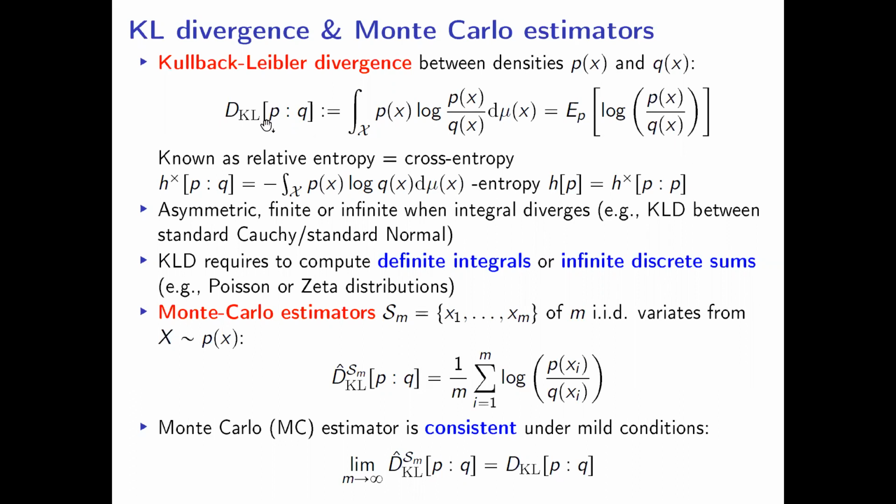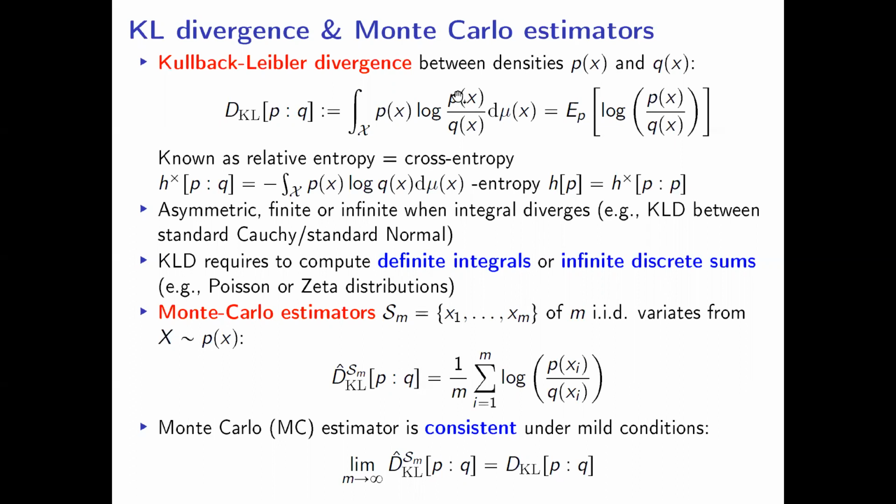So the KLD is a measure between densities which is asymmetric, meaning that KLD of P to Q is different from KLD from Q to P. And because the integral can be finite or infinite, it might not be bounded. For example, if you take the KLD between the standard Cauchy density and the standard normal density, you find that it is plus infinity.